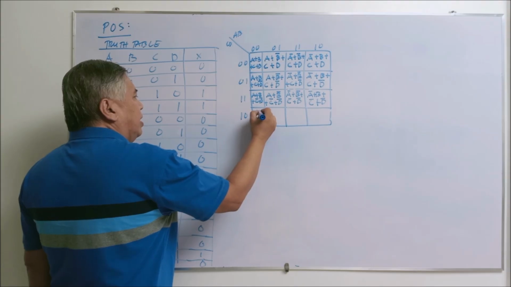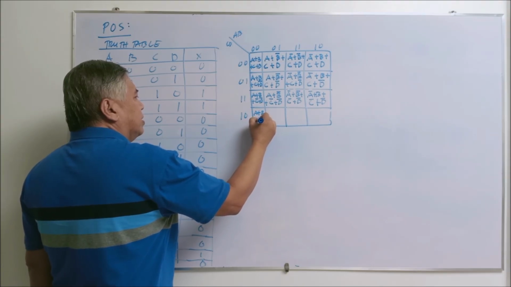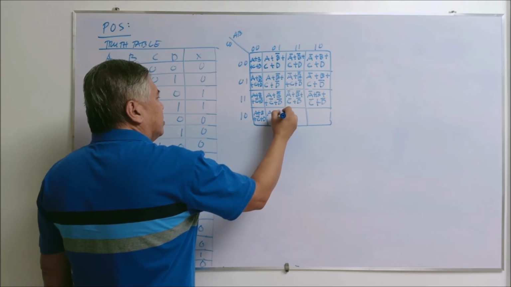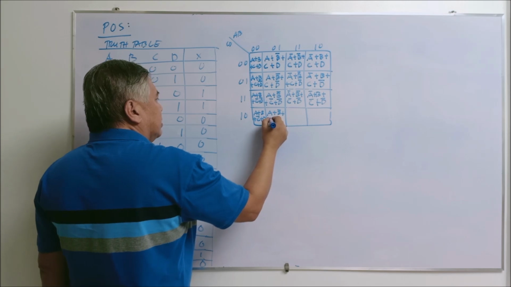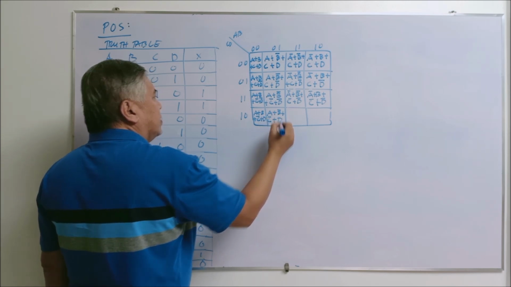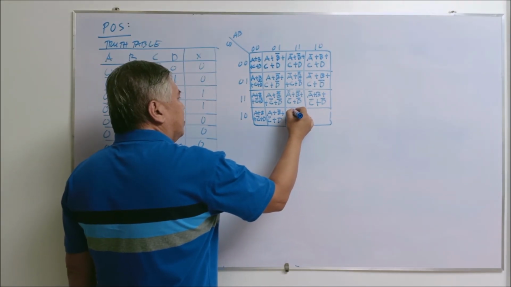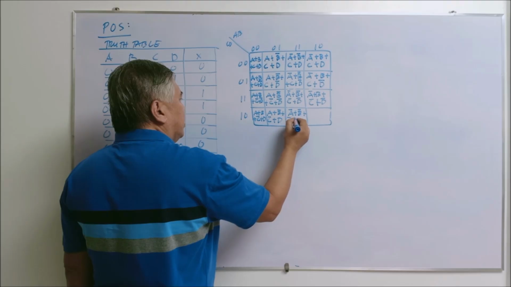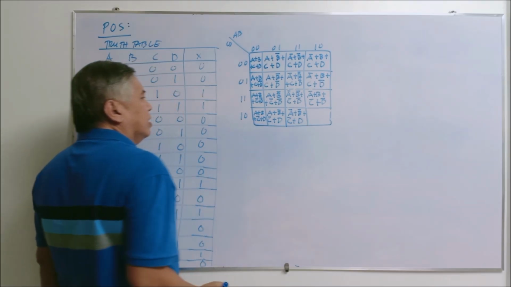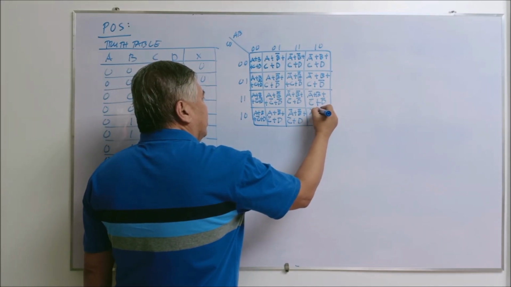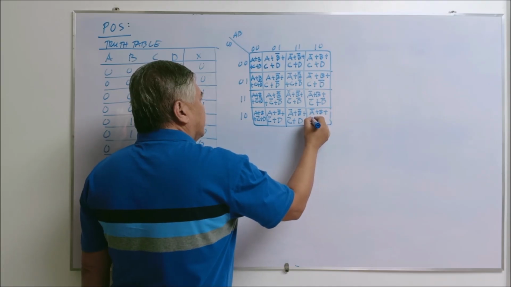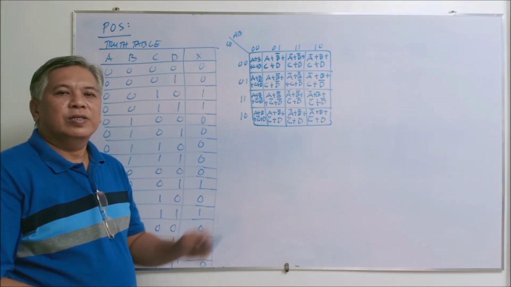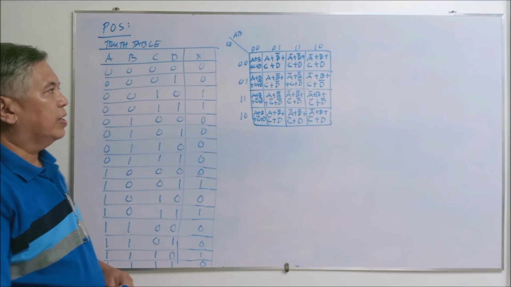Then A plus B plus C complement plus D. Then A plus B complement plus C complement plus D. Then A complement plus B complement plus C complement plus D, and then A complement plus B plus C complement plus D. So that would be the value of your cells in the sum term.